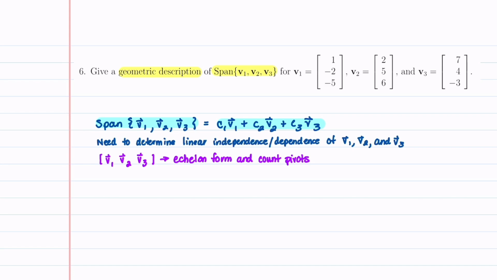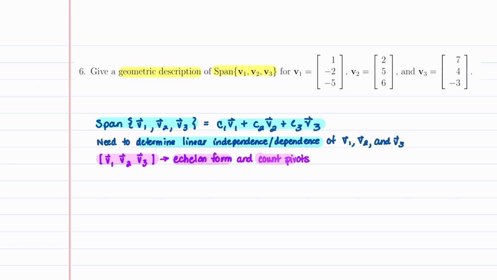In order to find the geometric description of our span, we need to determine the linear independence or dependence of our v vectors. The way that we're going to do that is we're going to take a matrix and put vectors v1, v2, and v3 in it. And then we're going to put it in echelon form.